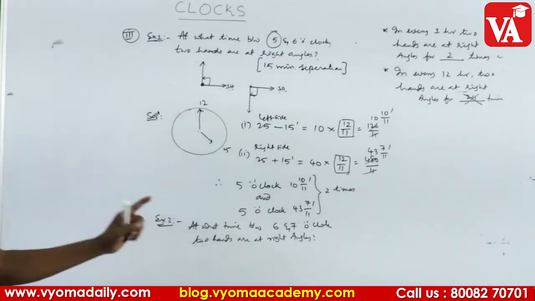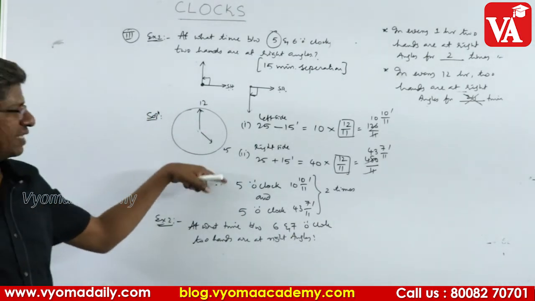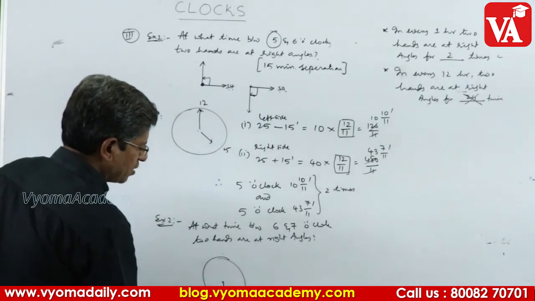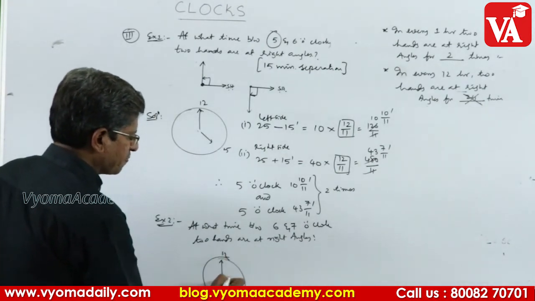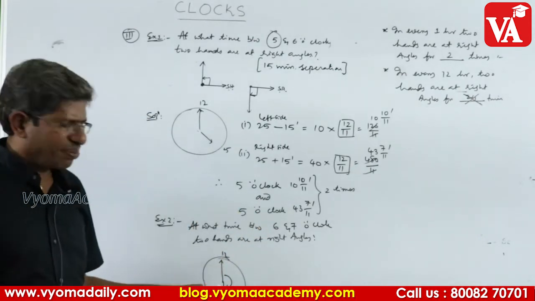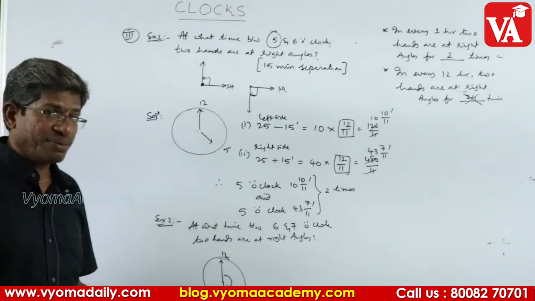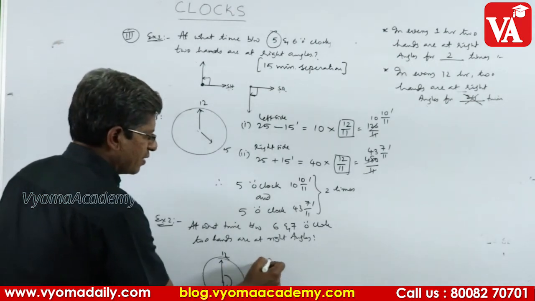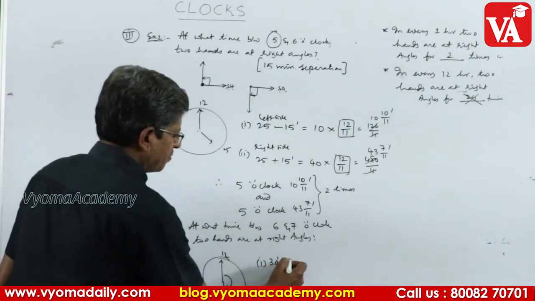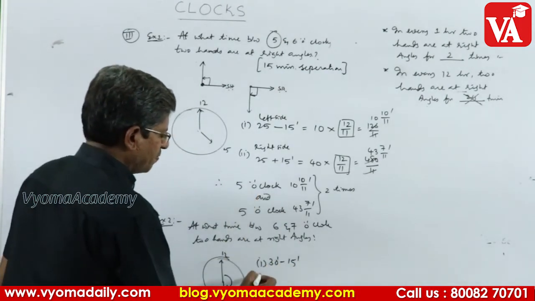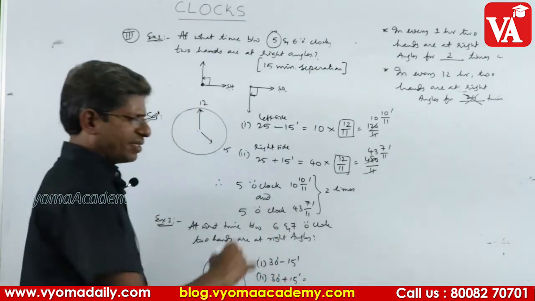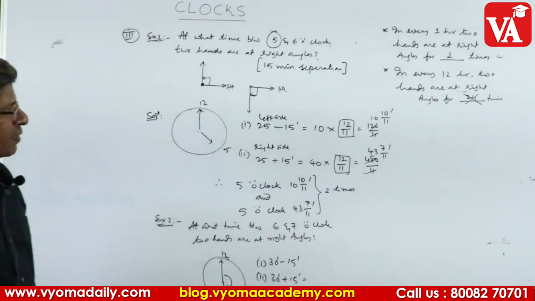Imagine 6. So how much separation is there? So far 30 minutes separation is there. You only need to know the existing separation, then minus 15 gives the left answer and plus 15 gives the right answer. That's it. You will get 2 answers.